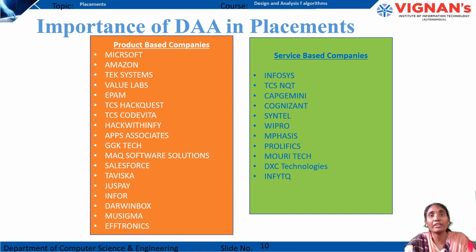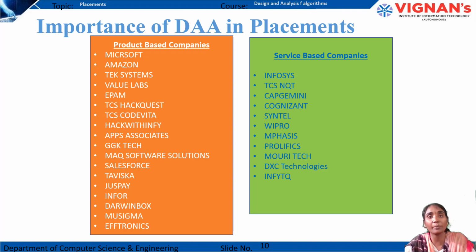Now, why are we learning design and analysis of algorithms as part of your third year curriculum? Because it is very, very important for your placements as well as to achieve in the GATE exam. Product based companies like Microsoft, Amazon, Tech Systems, Value Labs, we have a number of them, and also service based companies like Infosys, TCS, Capgemini, right?